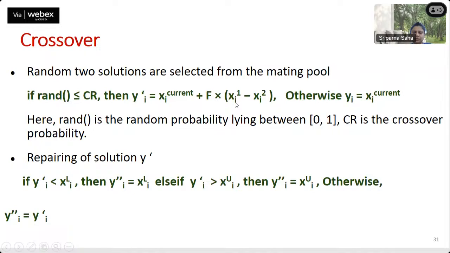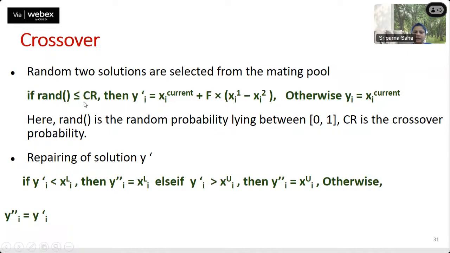We have randomly selected two solutions from the mating pool, xi1 and xi2, and xi current is the current solution. Then we generate yi dash as follows. CR is the crossover probability.